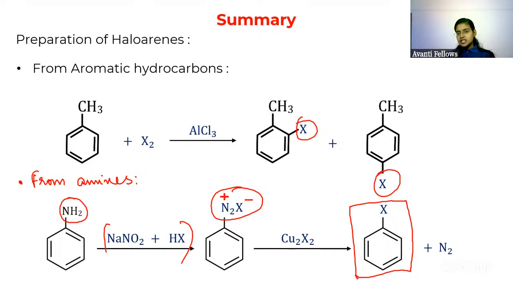Later on we will study the chemical properties, in which all the chemical reactions are involved. We will take the haloalkane and haloarene and try to do many reactions with them. So that is the chemical properties of haloalkanes and haloarenes. We will do the properties in the next session.